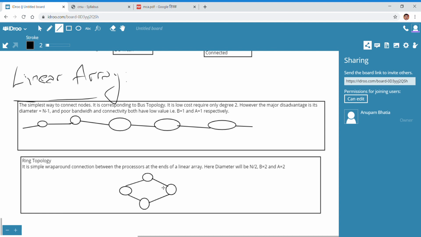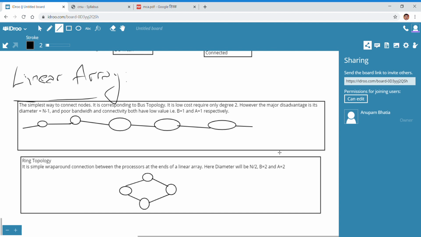See here, once you disconnect this particular arc or connection, it will not be disconnected into two different networks. We have to disconnect it from at least 2 points. That's why its bandwidth and connectivity factors are equal to 2.